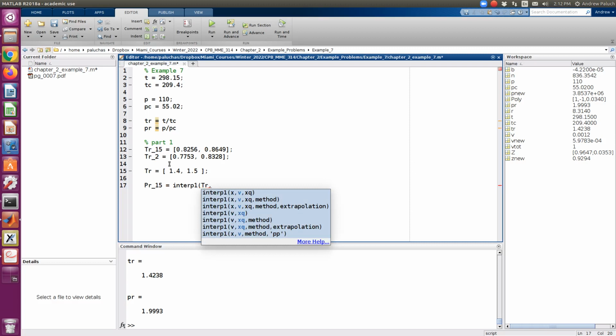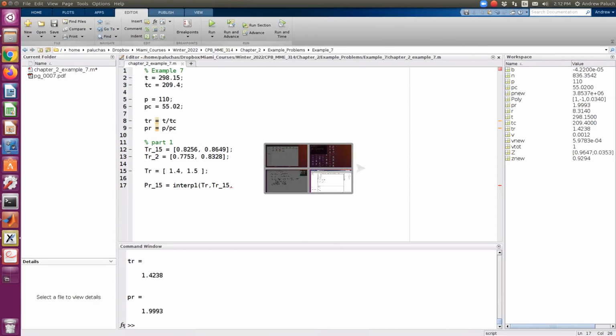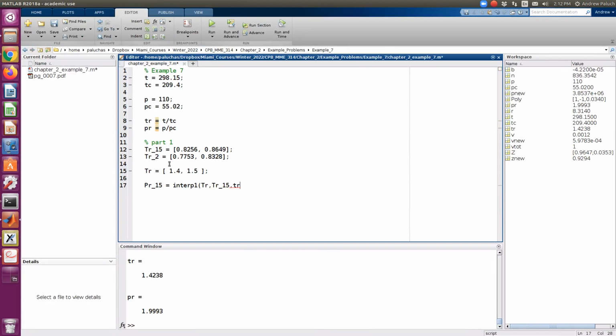My y variable would be now my column, which are my values of Z naught when I have a reduced pressure of 1.5, and I want a temperature of TR, which is what I calculated above. I could do the same thing with the other data. So I'm going to interpolate in column 2.